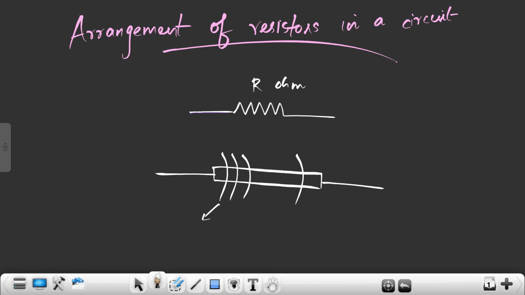For example, the color of the first ring is blue. The color of the second ring is green. And the color of the third ring is red.